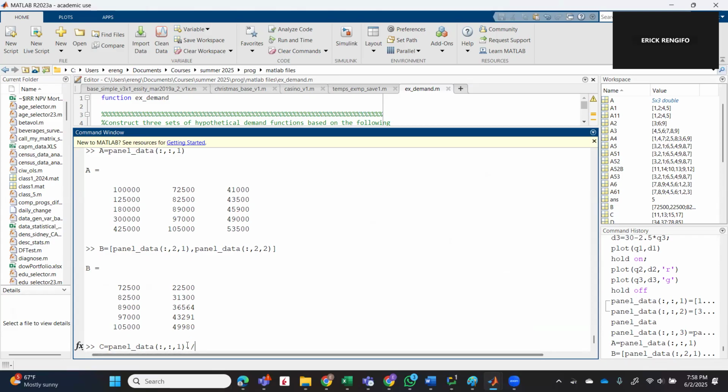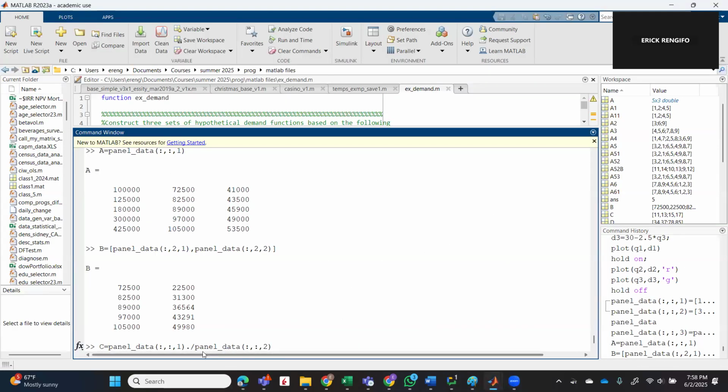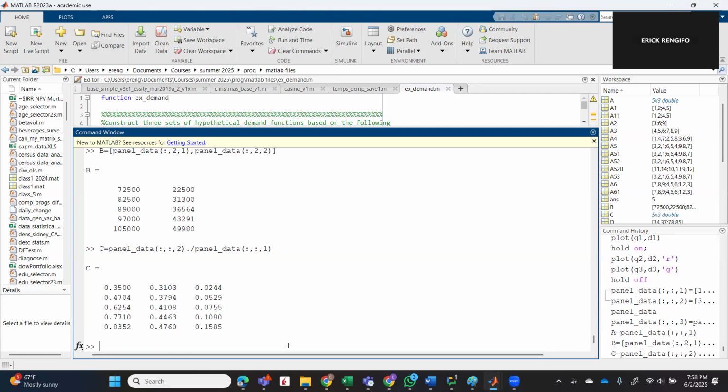I will show you that once we do more linear algebra. So basically, this is going to be 2. So what I will do is I have every individual's income, I divide by its corresponding savings. Oh, I'm saying savings, or what is it? So I'm saying savings over income, sorry. Should be the opposite. Savings is in 2 and income is in 1, correct?